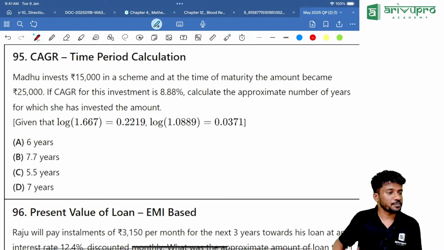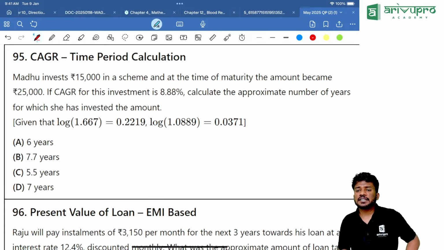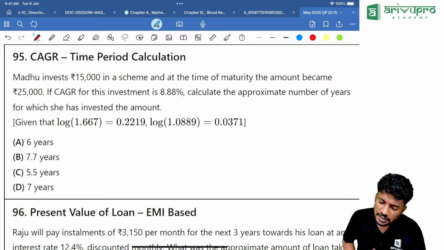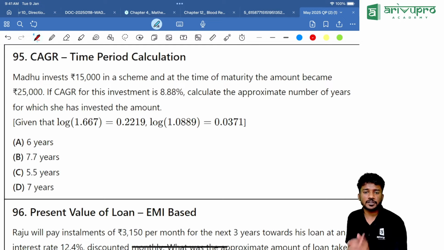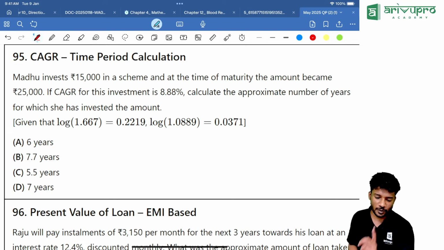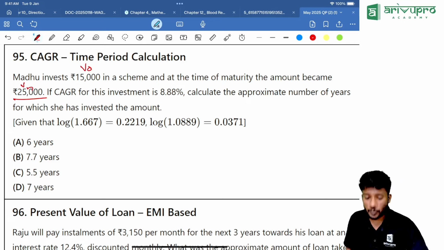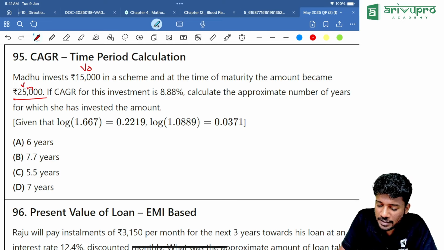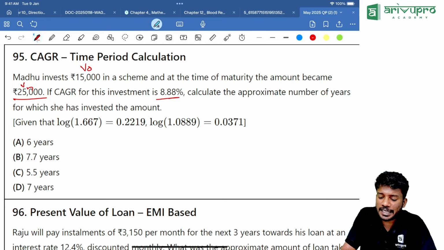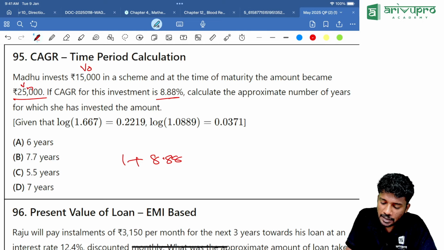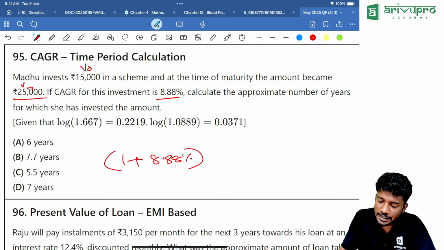Get me the answer. Madhu invests 15,000 in a scheme and at the end of maturity the amount is 25,000. Yesterday we solved the same question inside the class. So, V0 value is 15,000. Vn value is 25,000. CAGR is 8.8%, that means 1 plus 0.088, the whole power Tn minus T0.